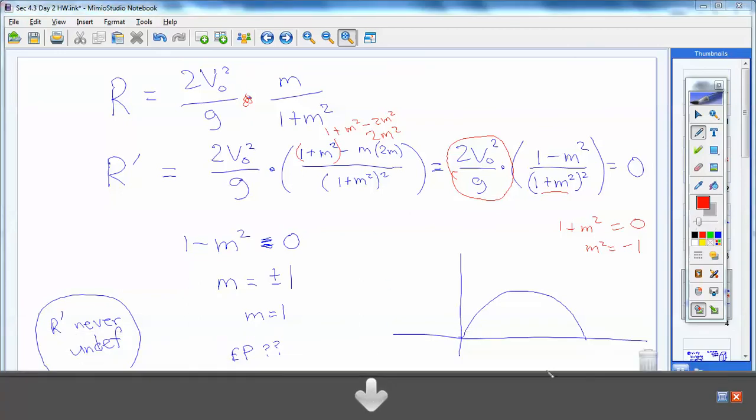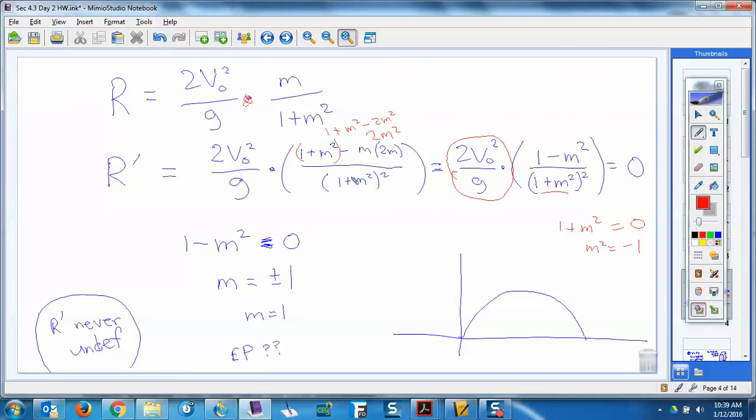What about endpoints? What variable am I looking at there for my endpoints? We always say endpoints are when something's the smallest it can be and when something's the largest it can be. X? There's no x up here.